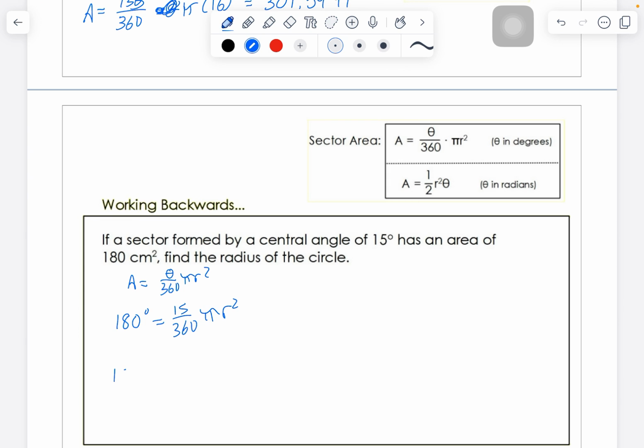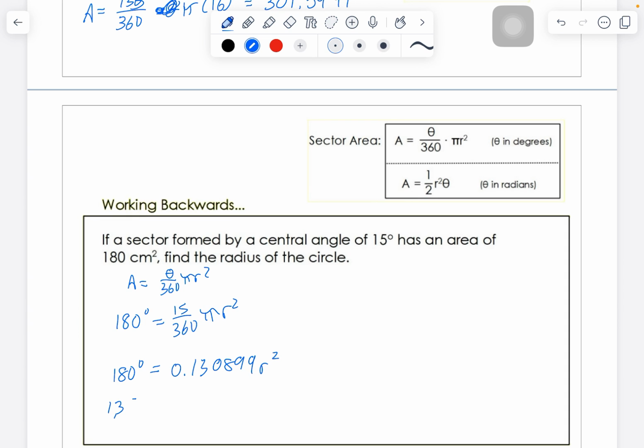So I got 180 is equal to 0.130899 r squared. As many decimals as you can would be the best. So 180 divided by that decimal, and I get about this.